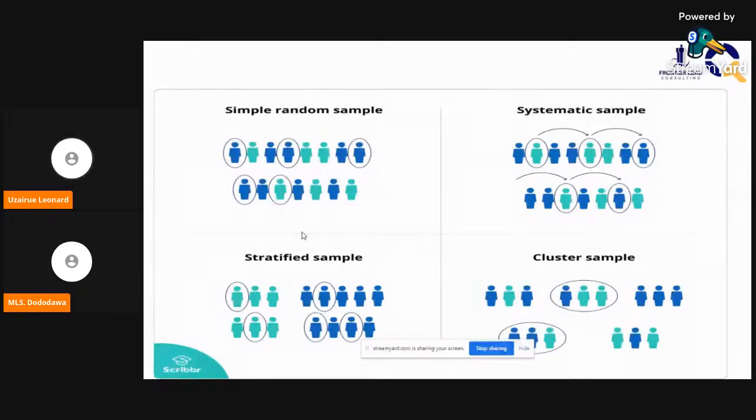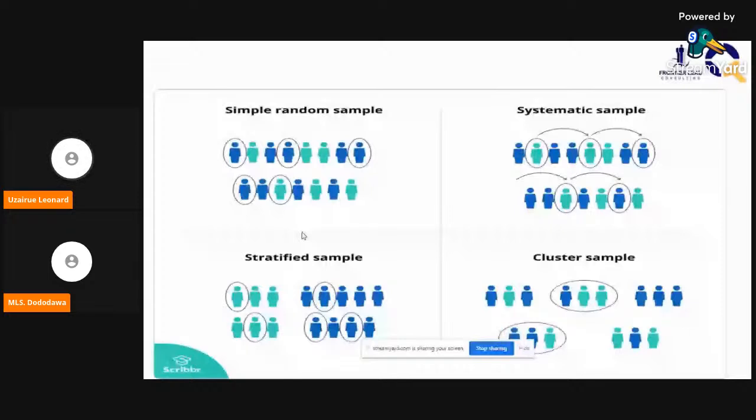For systematic, you randomly choose where you start. For stratified sampling, after you have divided your group into subgroups, which are referred to as strata, you randomly select those people within the strata that you need to study.